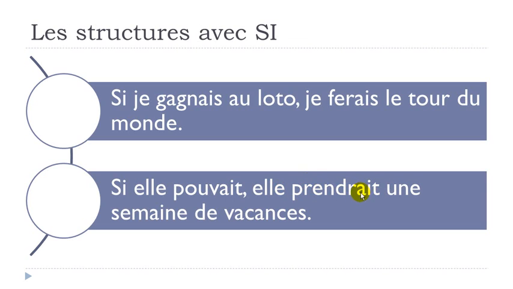Prendre, to take. Une semaine, 1 week, de vacances, vacation, holiday. So if she could, she would take 1 week off if you want, or vacation week. But then in French, remember that we will construct this sentence first with si, and it should be followed by l'imparfait, and that's the rule. Then after that, you will put this conditionnel présent form.